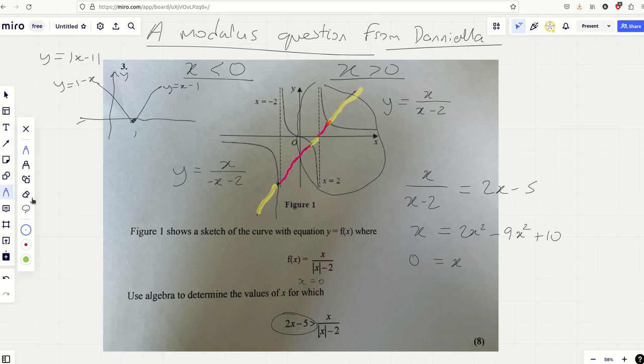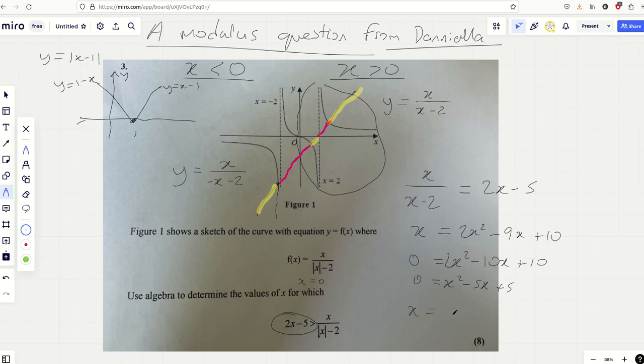Why have I written 9x squared there? You know me, I make errors in every single sentence. I don't think it helps talking as you do maths. Minus 10x plus 10. Obviously I can make that 0 equals x squared minus 5x plus 5. Slightly disappointed that that doesn't actually factorise, so it's not going to have very nice roots, but okay, we'll deal with that.